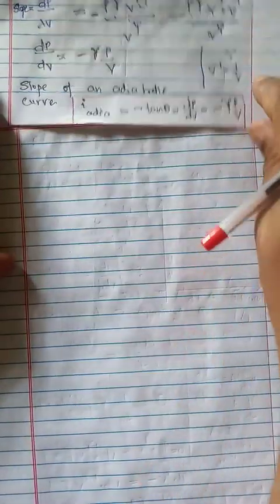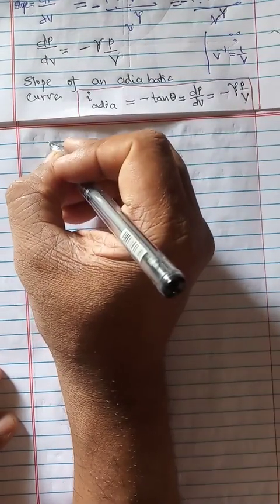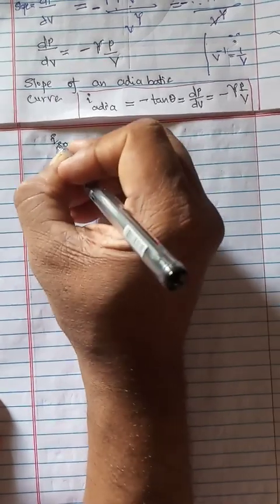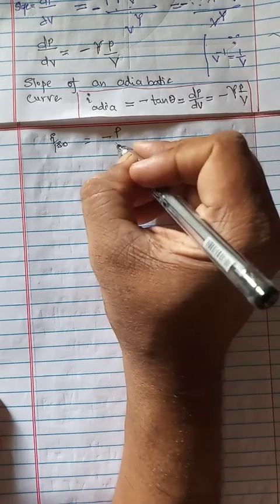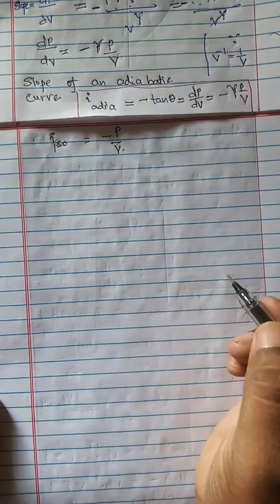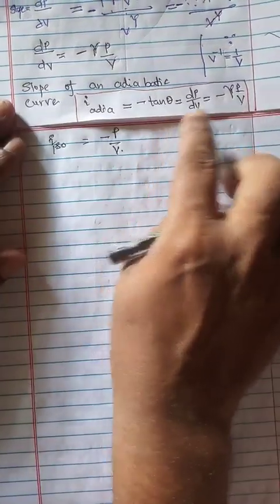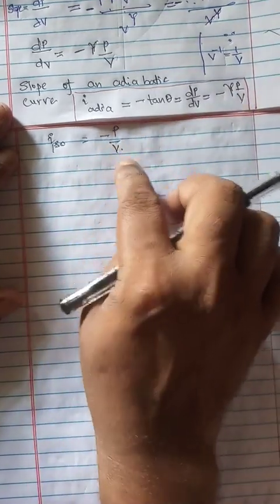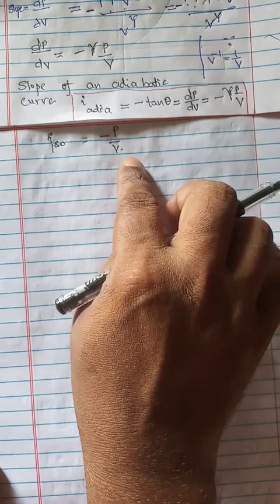In that case, if you see, the I adiabatic is this one, and the slope of an isothermal curve, that is I isothermal, is given by negative of P by V. Now if you find I adiabatic is negative of gamma P by V, I isothermal is negative of P by V. This slope of an isothermal curve I will explain in detail in the next video.